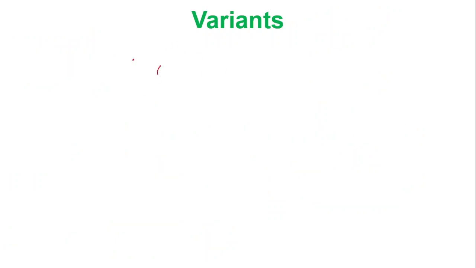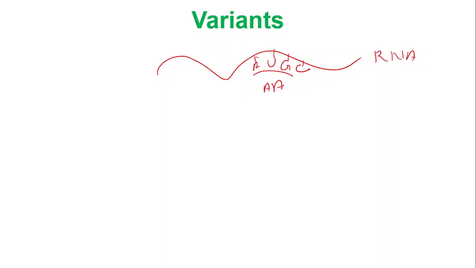Coronavirus has an RNA genome. This RNA contains A, U, G, C as codons. Suppose 3 nucleotides make 1 codon or 1 amino acid, and a change in 1 codon makes a different amino acid.